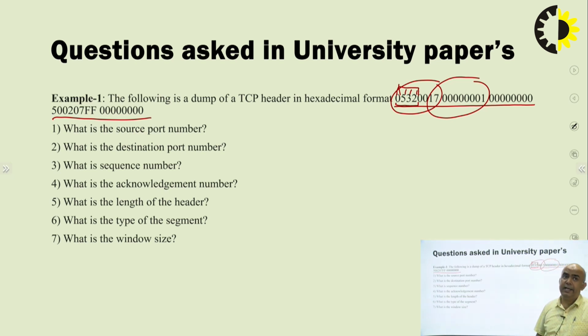As the source port number is 16 bits, we choose the first 4 digits, that is 0, 5, 3, 2, as your source port number.